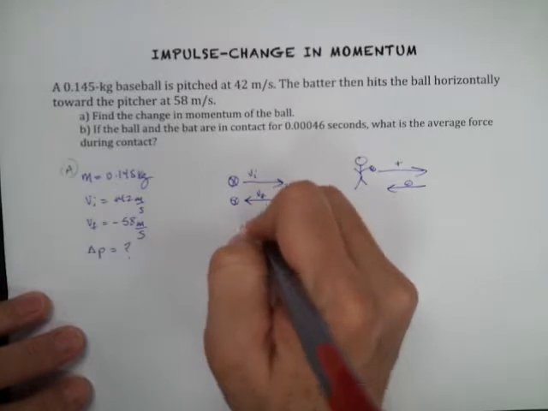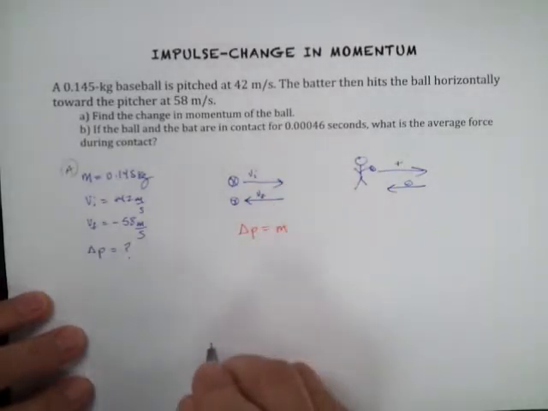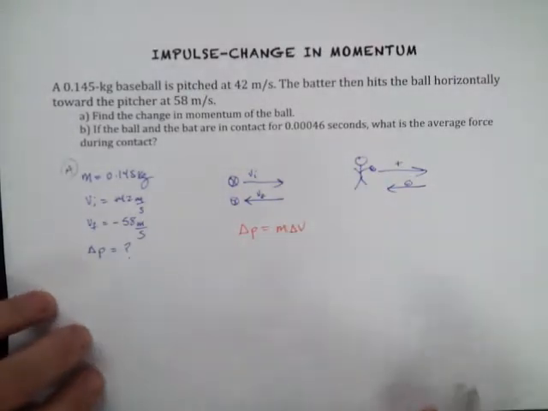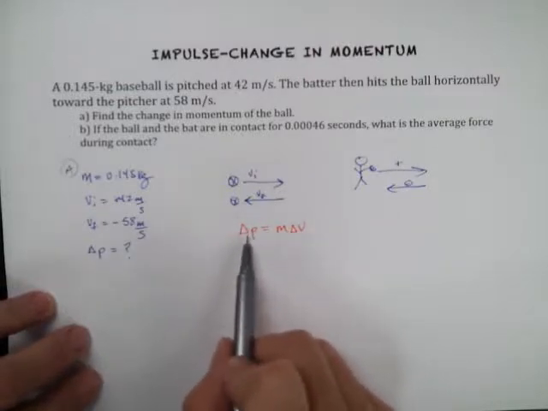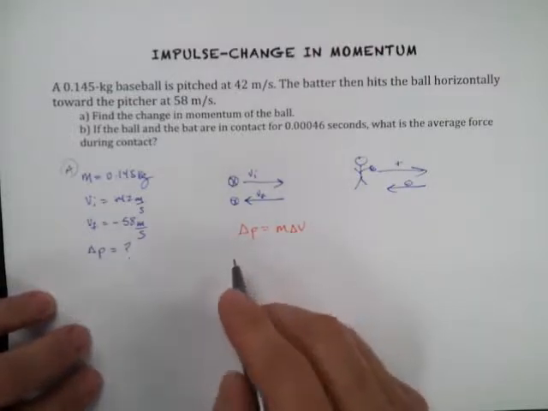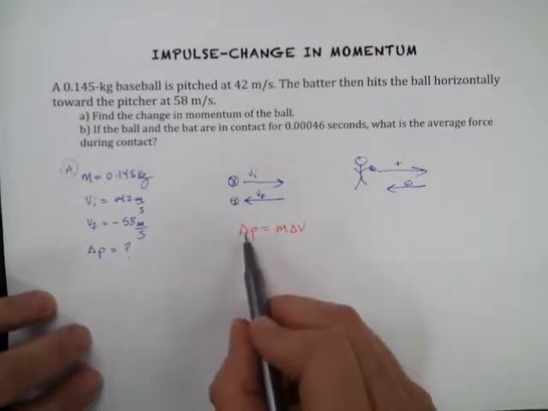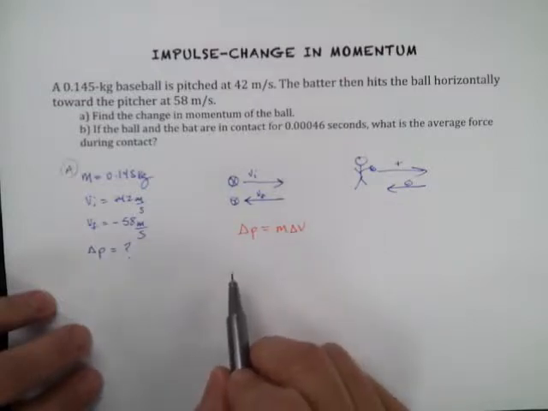Our change in momentum is going to be equal to our mass of the baseball times the change in velocity of the baseball. The baseball's mass is not changing, so the way that the momentum is changing, if momentum, P, is equal to the product of your mass times your velocity, if your momentum is changing, in this case we're looking at our velocity changing.